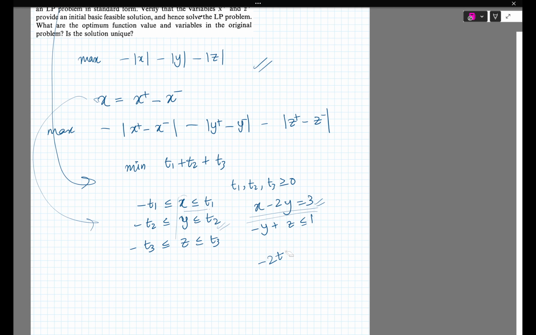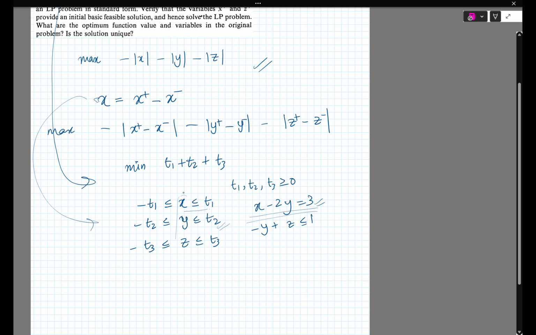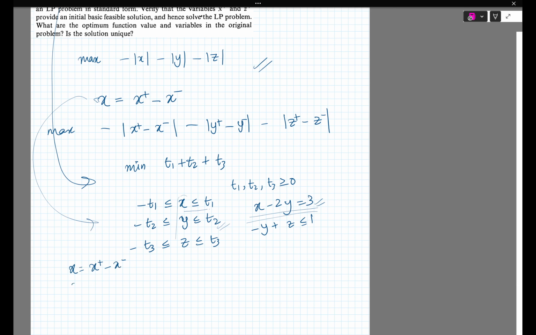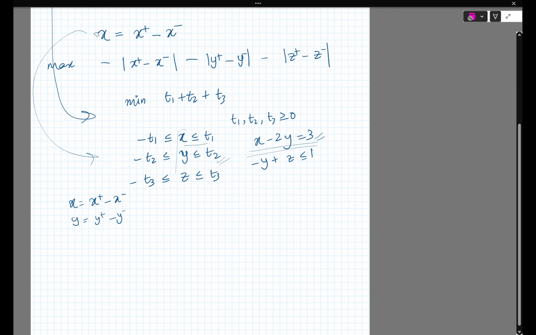Because I am making minus 2y in the second term, then I will add x minus 2y, like these two inequalities will be added, right? But I think the easier thing will be to just make x equal to x plus minus x minus, y equal to y plus minus y minus. Just put it here, here, here. So you have all variables in positive, right? Yes.